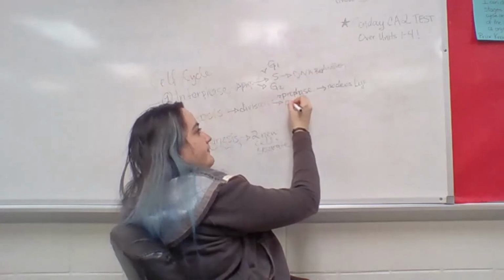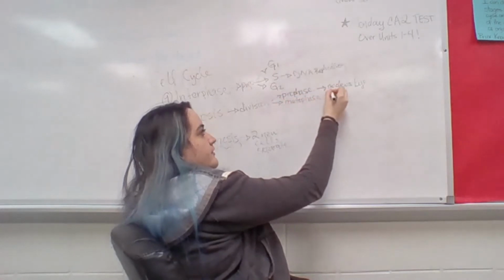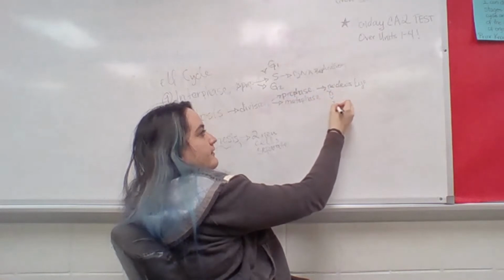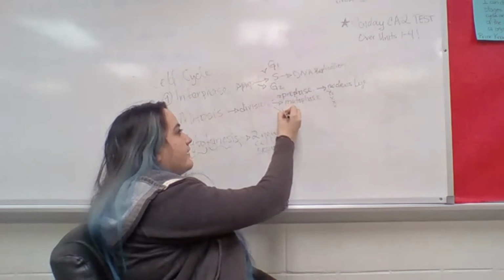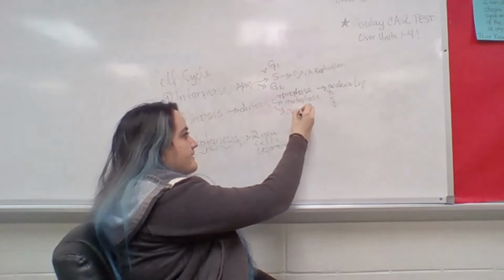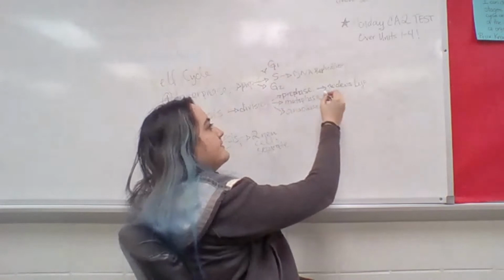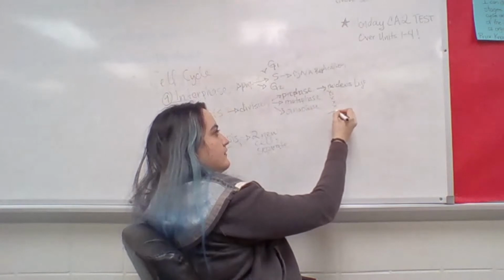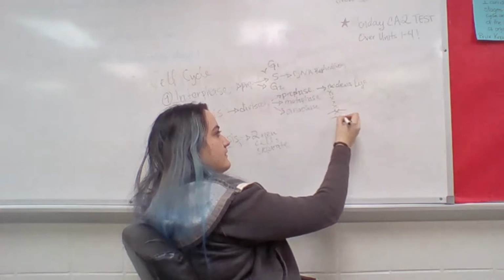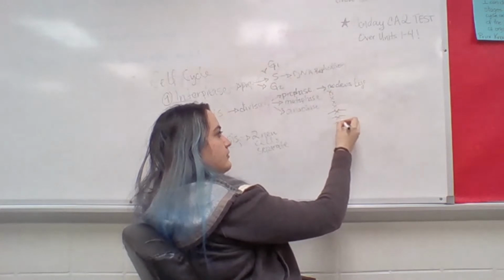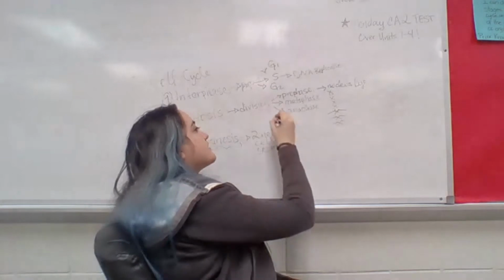Then we have metaphase, which is when our chromosomes line up in the center of the cell. Then we have anaphase, which is when those spindle fibers connect to the chromosomes and start pulling them. So in anaphase, we connect to all the chromosomes.